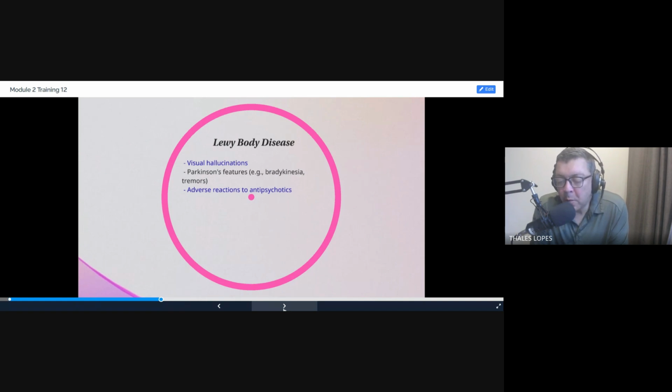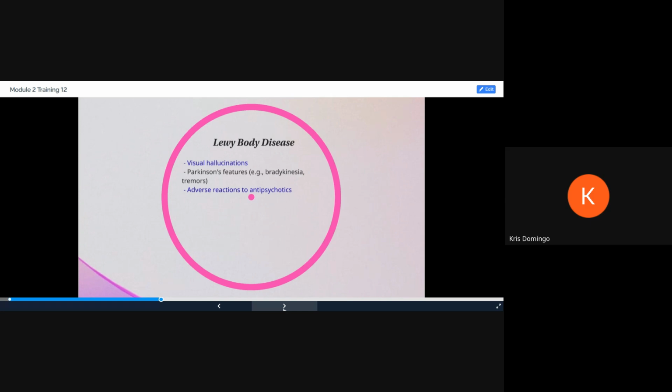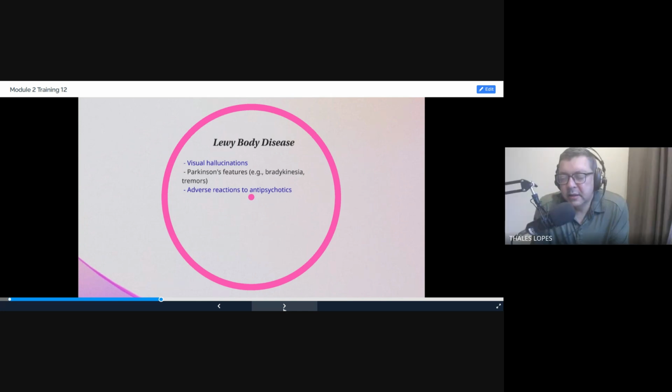If that is the hallmark of Lewy body, would you give an antipsychotic for this patient? Yes or no? No. Okay. Do not give an antipsychotic to a patient with Lewy body because it will worsen the problem.